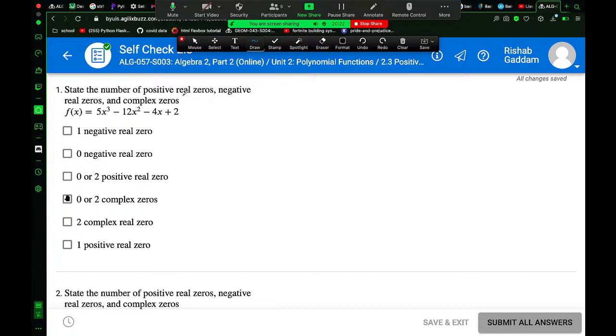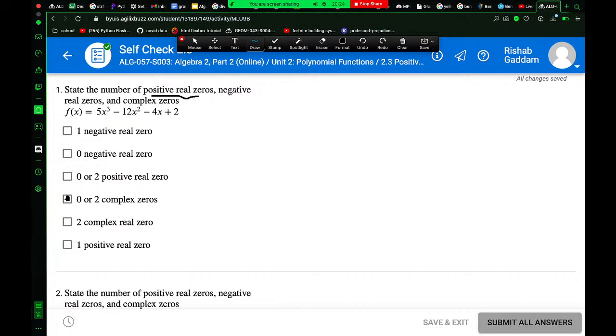So he asked you for the positive real zeros, negative real zeros, and the complex zeros. Oh, okay. There, 1 negative real zero and 1 positive real zero. Can you tell us how you found out this answer?